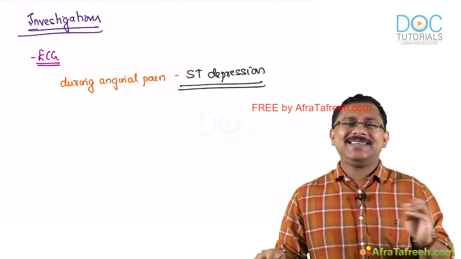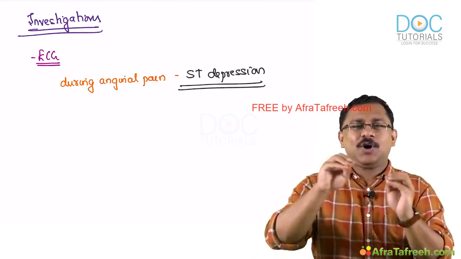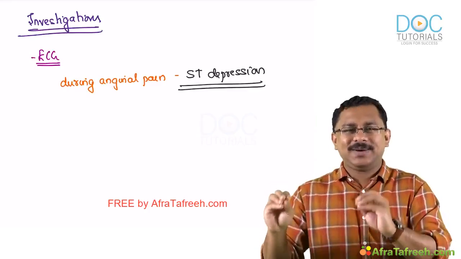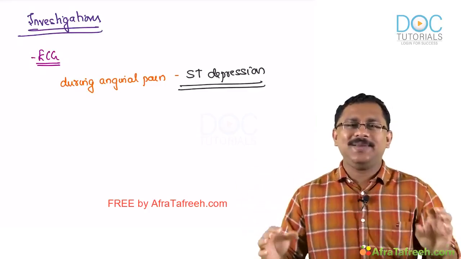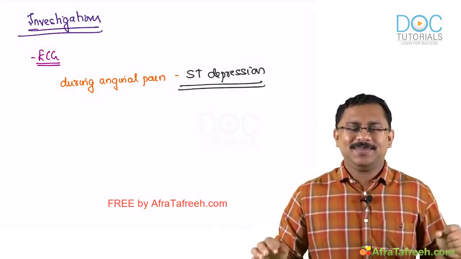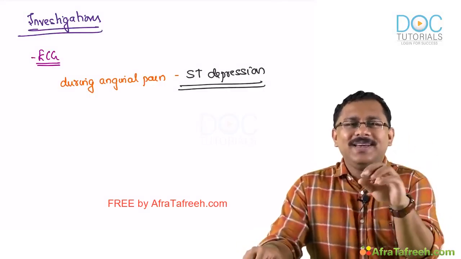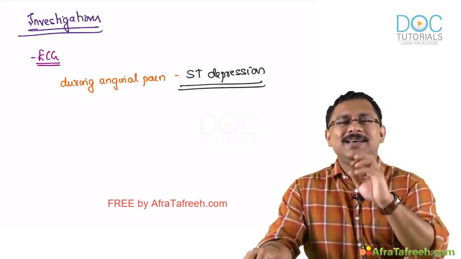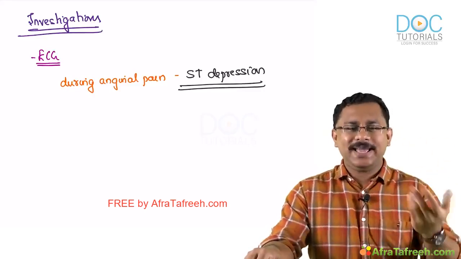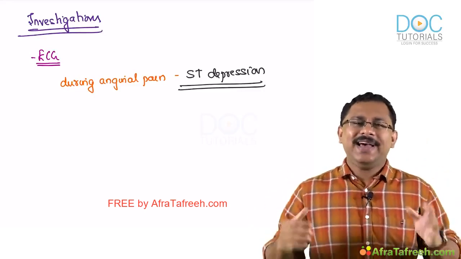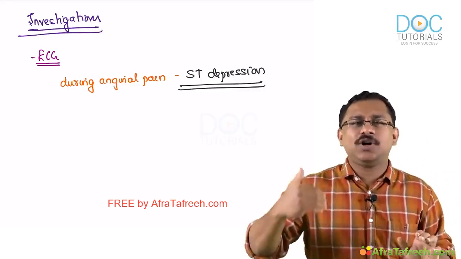But often the scenario is that by the time the patient is brought to the emergency or comes to the OPD, he is not having chest pain. Just think, the patient would have developed chest pain at home, it would have subsided in 10 minutes, and probably the pain might not have reappeared, which the patient took as a reassuring sign, and he thought, I'll just consult a doctor tomorrow.